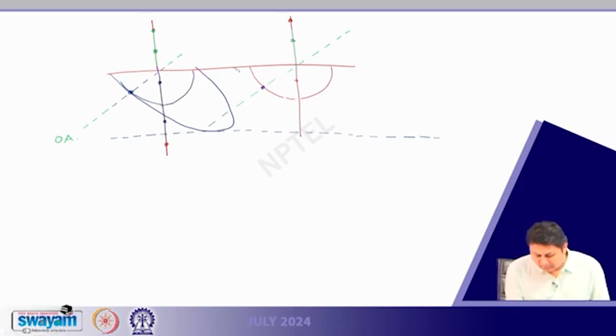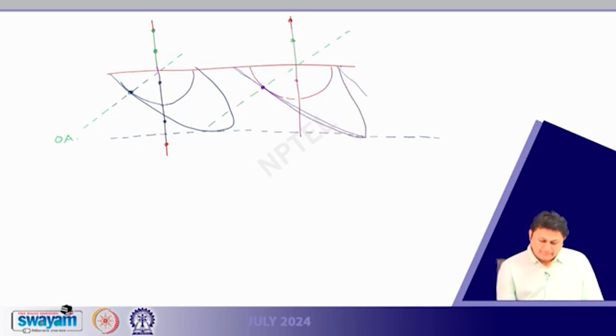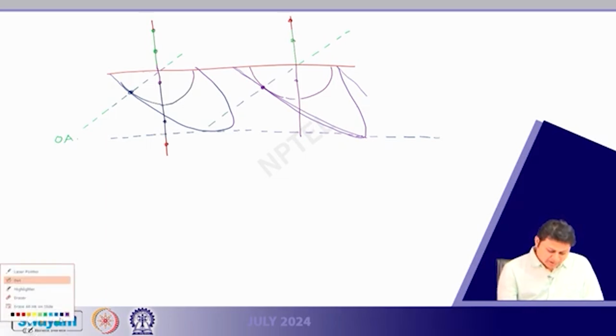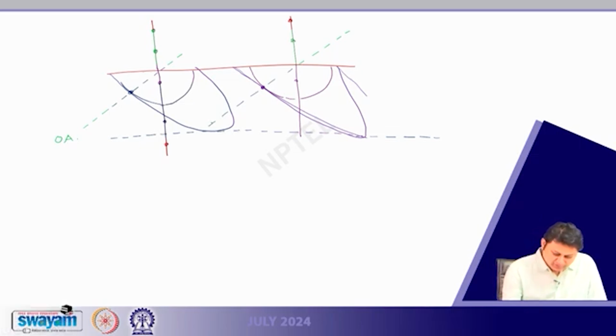It should be like this, so it just touches here. In that case, the light that is moving will go along this direction.